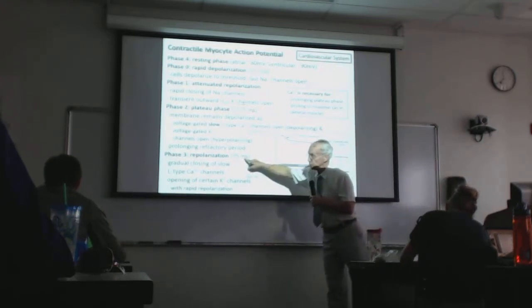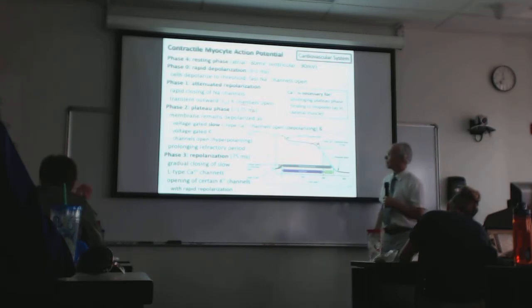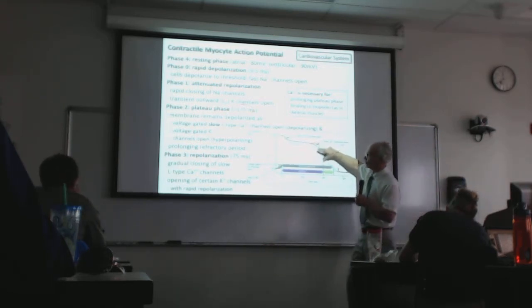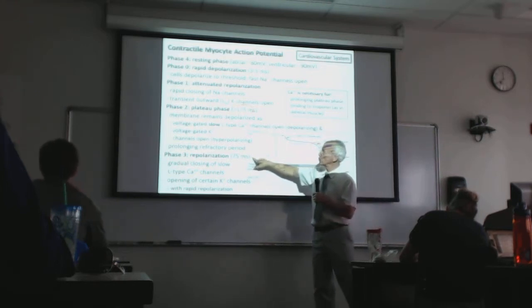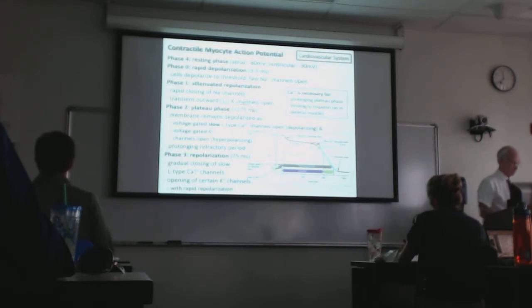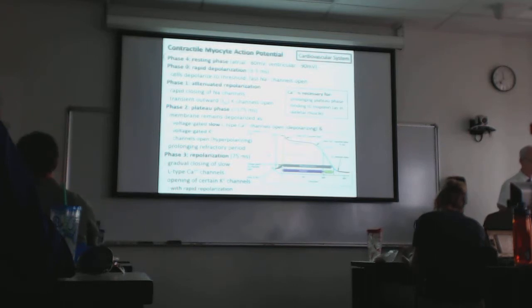That phase is phase 3. You can see this figure is not quite drawn to scale, because the repolarization phase is actually considerably shorter than the plateau phase. And then we start back at phase 4 again with the resting phase, back around -90 to -95 millivolts typically.